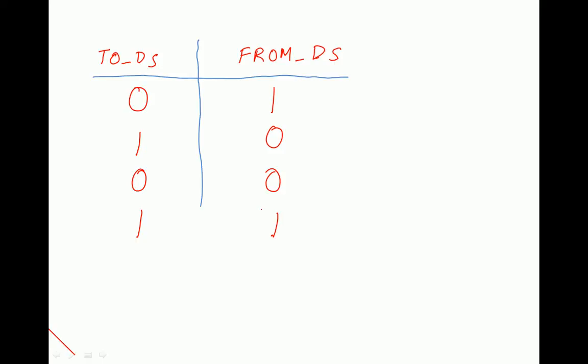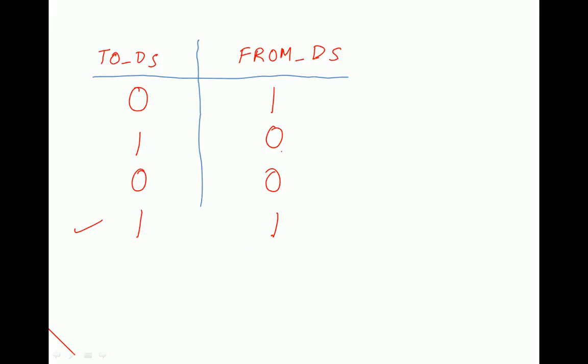So if you find a frame with the To DS and From DS both 0 and 0, it's going to be either a control or a management frame. The data frames will always have 1 in one of these two bits. That means the data frames will either be from a DS or destined to a DS, or the special case of 1 and 1, which we're going to be talking about next.